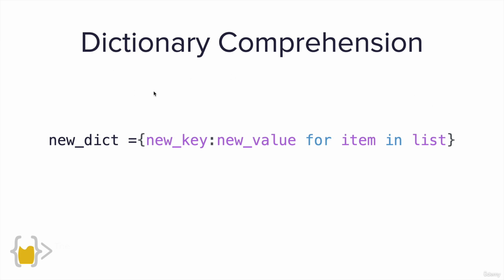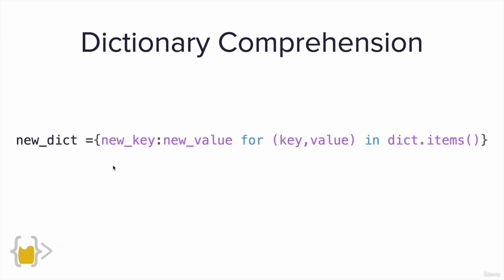Now, remember that a dictionary comprehension is just a way of creating a dictionary using this shortened syntax. We could take this one step further. We could also create a new dictionary based on the values in an existing dictionary. So we could take that dictionary and then get hold of all of the items inside that dictionary and then split it into a key and a value.